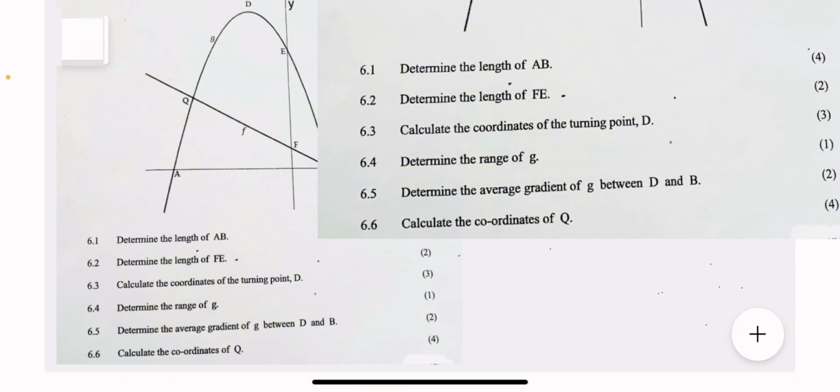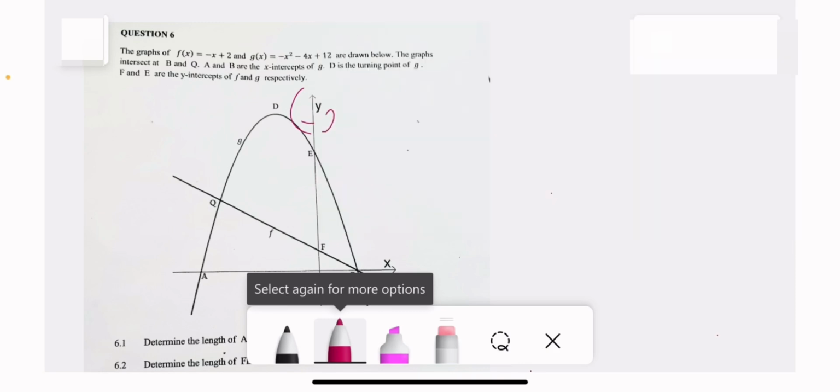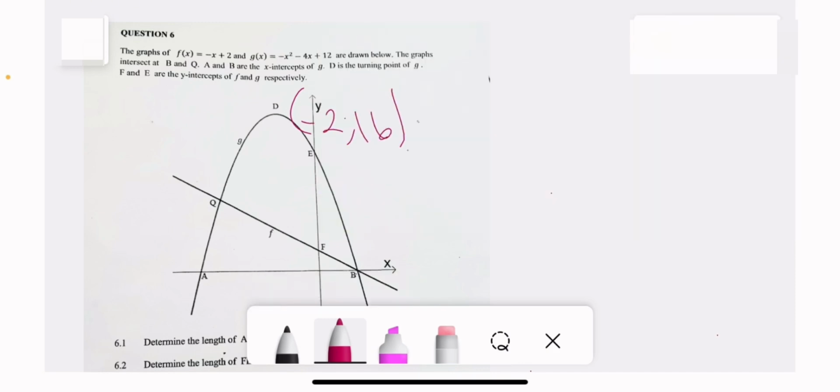6.5, determine the average gradient of G between D and B. So we have D, the coordinates of D are negative 2, 16, and the coordinates of B are 2, 0.